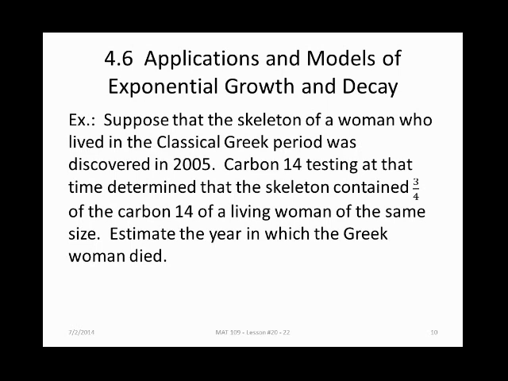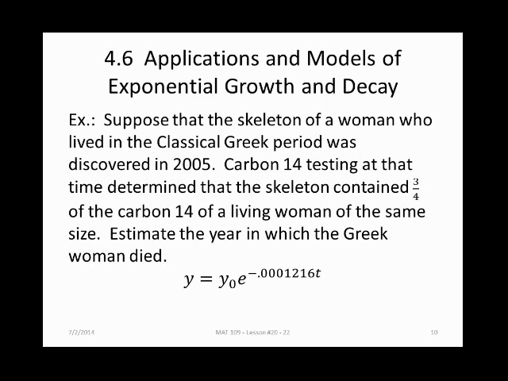They measured the amount in the skeleton and found that it was 3/4 of what a living woman would have. Based on that, you can determine approximately the year in which the woman having that skeleton died. The way it's done is we use the model that we saw on the previous slide.